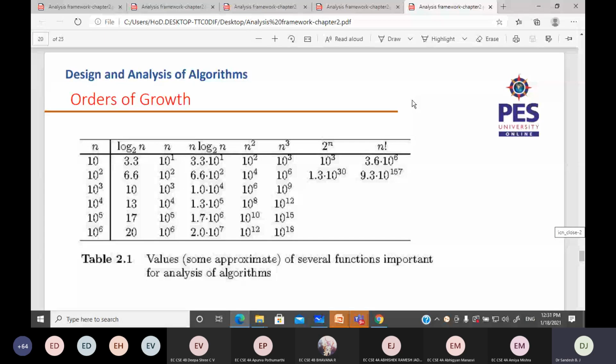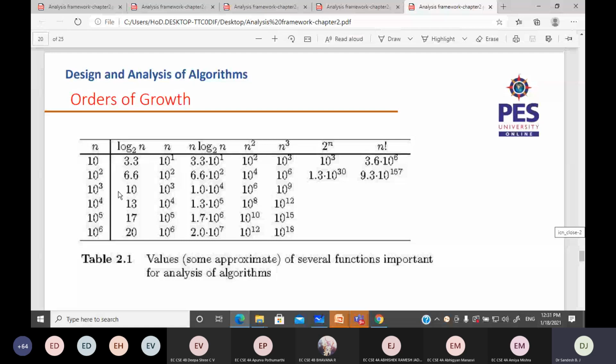For example, as you can see, the orders of growth for different functions. There are some basic functions we will be comparing our algorithm with, like log n, n log n, n square, n cube, 2 to the n, and n factorial. These are all the standard functions we will use for comparing our algorithms.